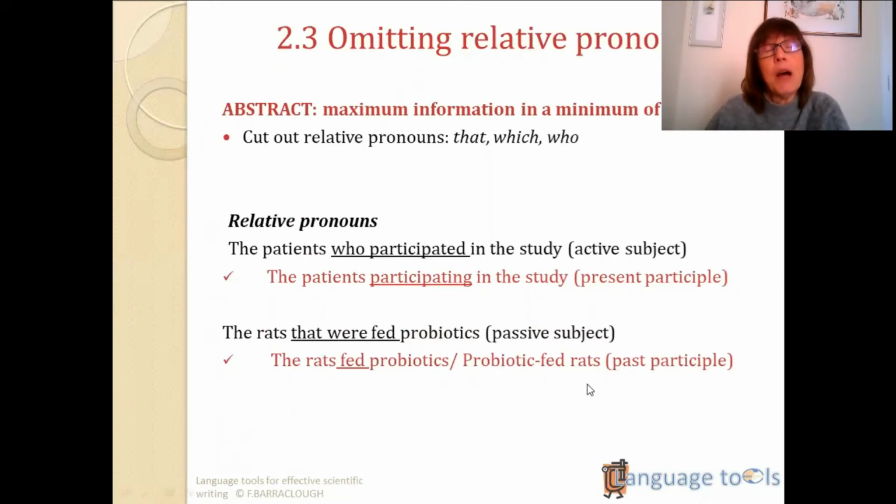And this, as we are working in the context of the abstract, is important because we need to minimize the number of words, okay? So that, which, who are relative pronouns that we can sometimes eliminate. Okay, so we have here the patients who participated in the study, blah, blah, blah.